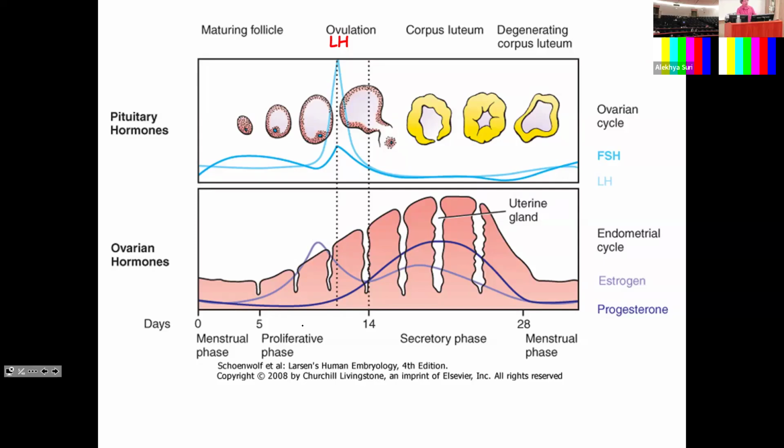And then it gets all the uterine glands and capillaries and vasculature. Both phases are so important for the implantation of the embryo, and everything is coordinated, as you will see.